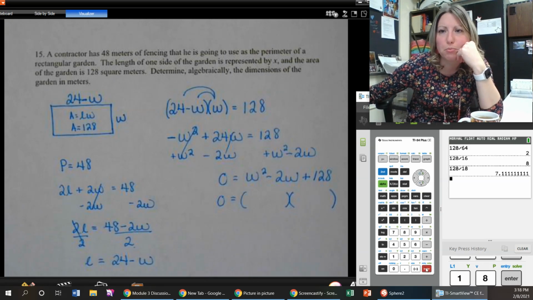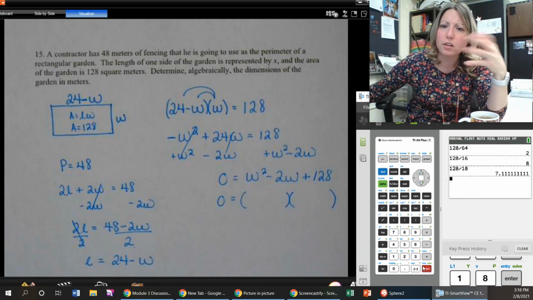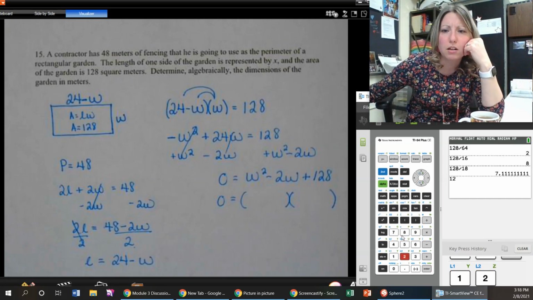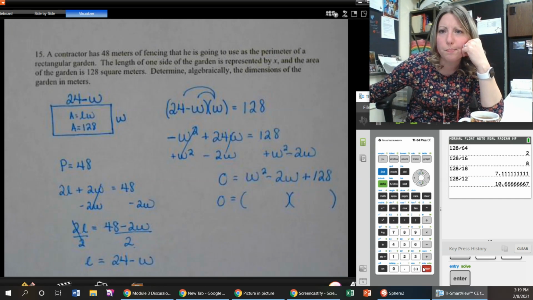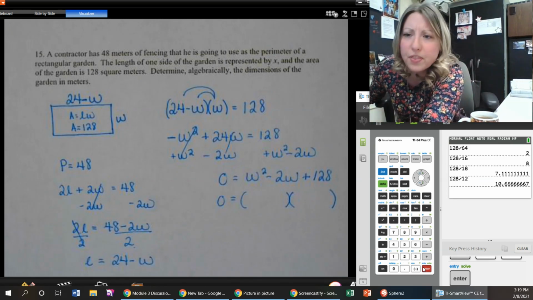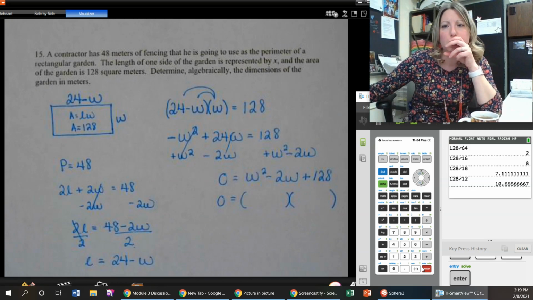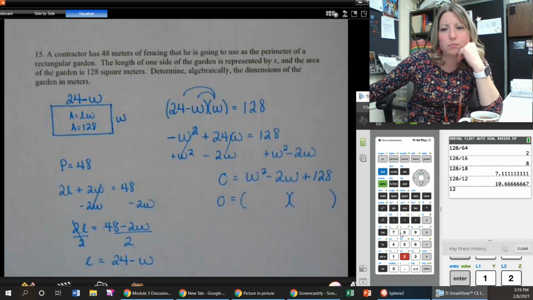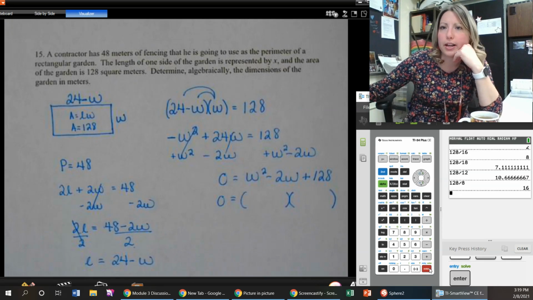Nah. Pipe dream. Maybe a little bit lower, like a 12. 128 divided by 12? No. But I'm closer. Let's try 8. Oh, I already had that, right? 8 and 16. Not 12.